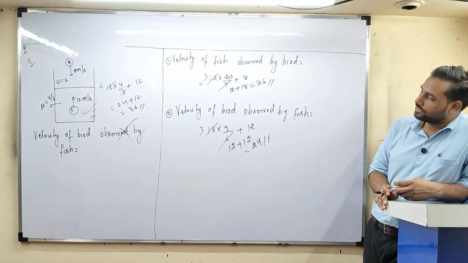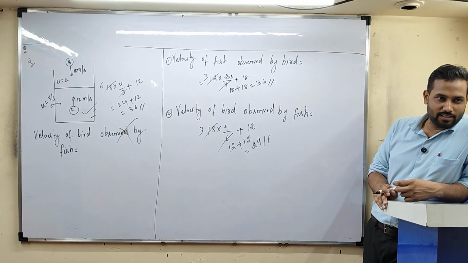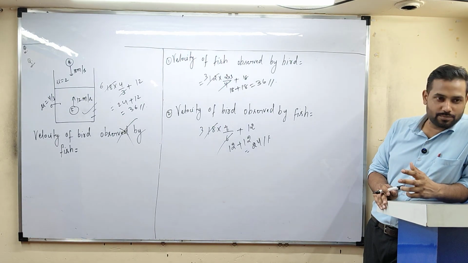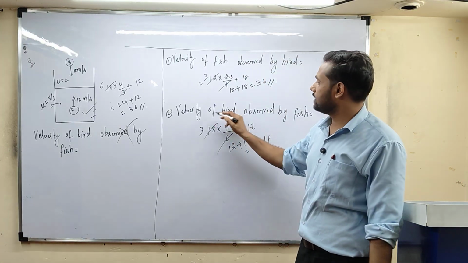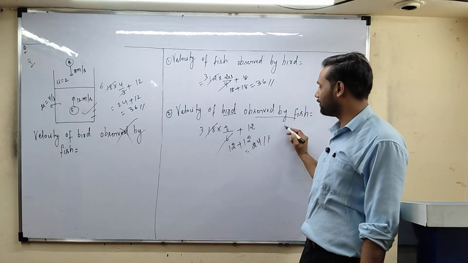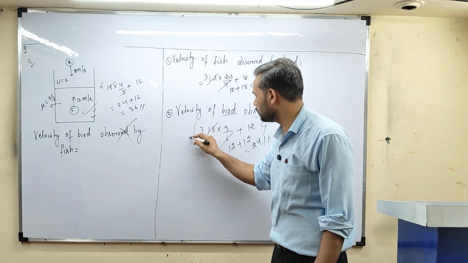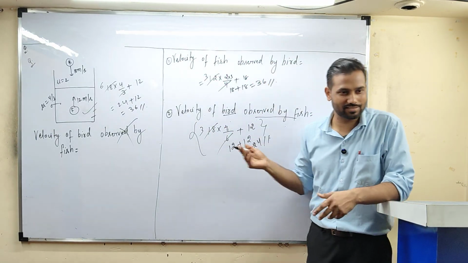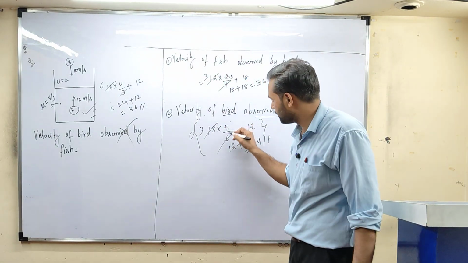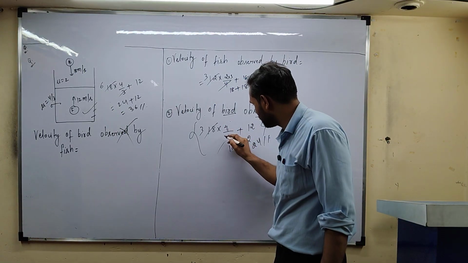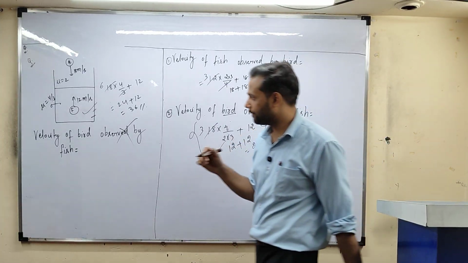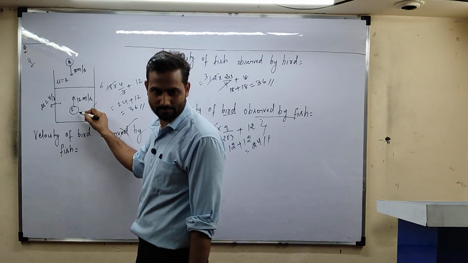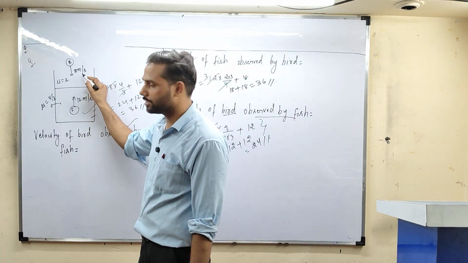Now the main question is, there are some students who are not able to grasp this concept: when we are asking the velocity of bird observed by fish, then how do we get this? Here, fish is the observer. Just see the opposite. Who is coming?